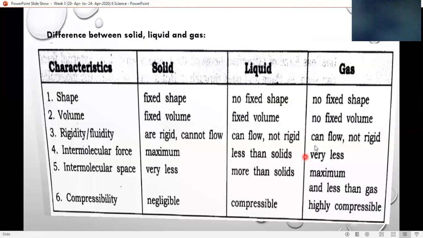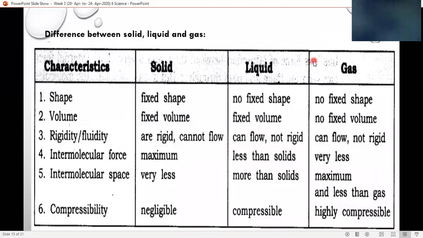Here is the table in which you can find the difference between solid, liquid, and gases. For example, shape: solids have a fixed shape, liquids do not have a fixed shape, and gases obviously do not have a fixed shape. Volume: solids have fixed volume, liquids have volume because you can measure the volume of a liquid, and gases do not have any fixed volume.